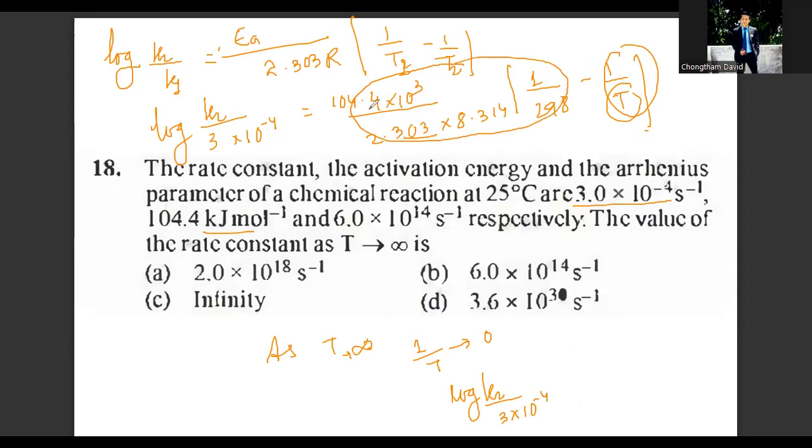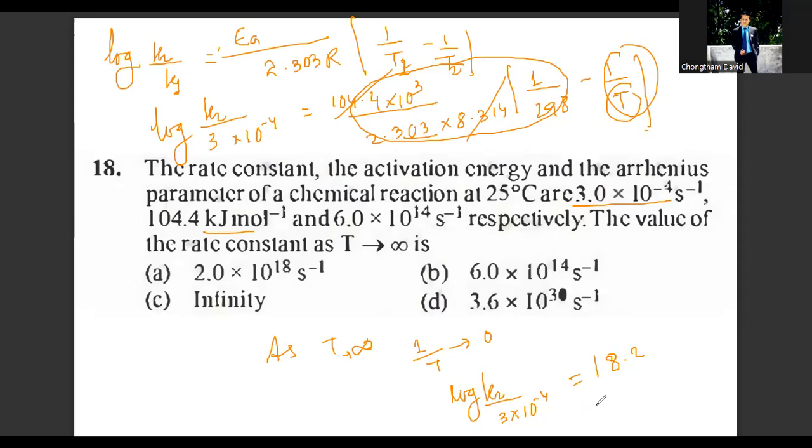We do the simplification and cancel. 8 1s are 8, 2 32, 14 by 2 is 7, and 7 divided by 298, so approximately the value comes to be about 18.2.